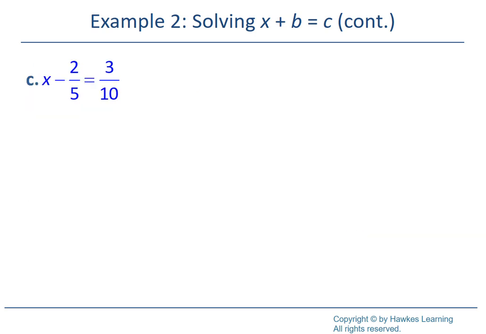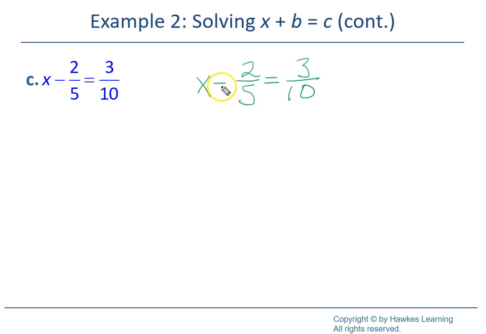Now, for this one, let me work it out for you. We have x minus 2/5 equals 3/10.